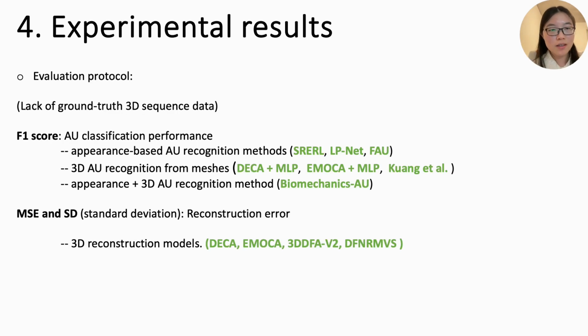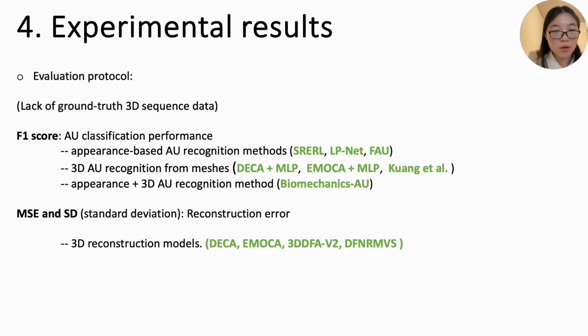Before we introduce the experimental results, we first introduce the evaluation protocol. Due to the lack of ground truth 3D sequence data, we mainly evaluate the F1 score for AU classification performance to validate that our 3D face is actually an AU-aware result. We compare with three types of models, including appearance-based AU recognition models and 3D AU recognition models from the generated meshes.